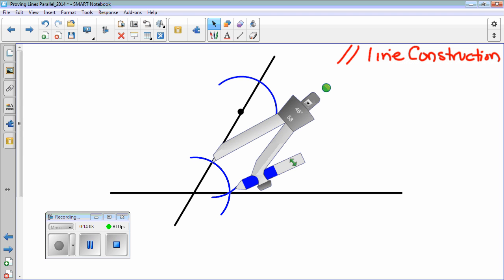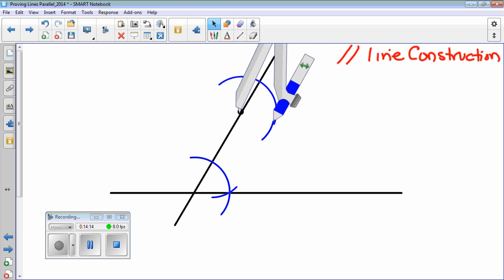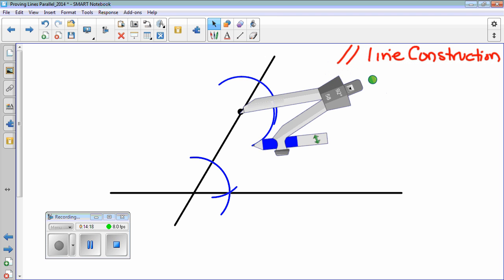Once I've measured how wide my angle is down here, I'm not going to change the spread of my compass anymore, and I'm going to move my compass up here and make an arc. What happened? Oh, yeah, I put it in the wrong spot.